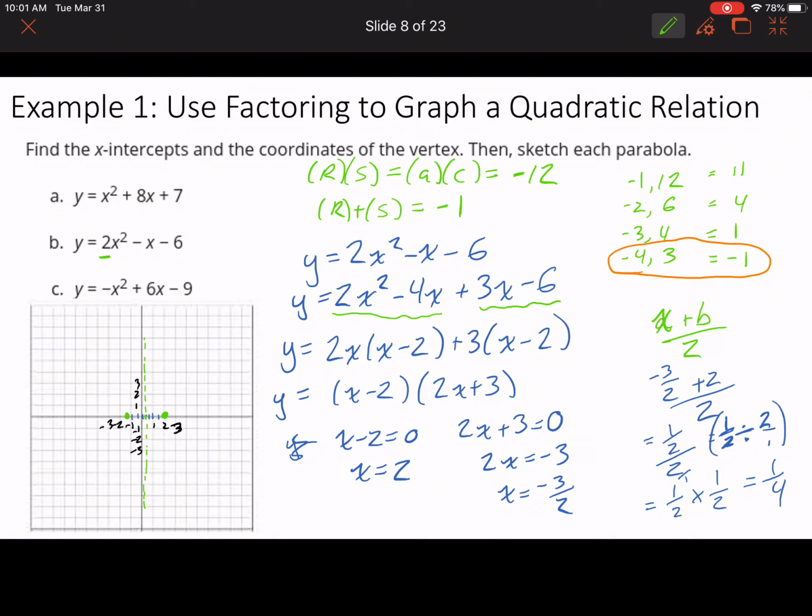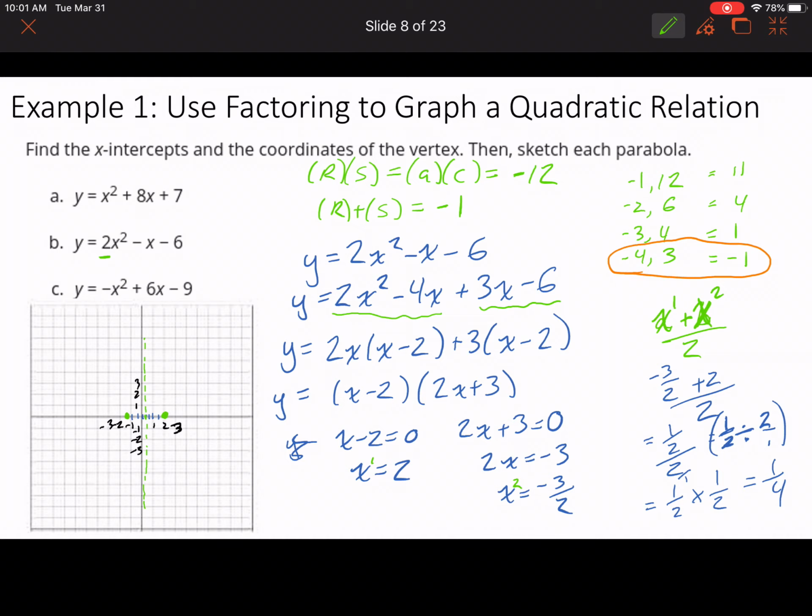So even if we call this x1 plus x2, our two possible x's, we add them together and divide by 2, and we're going to find the x coordinate of our vertex.